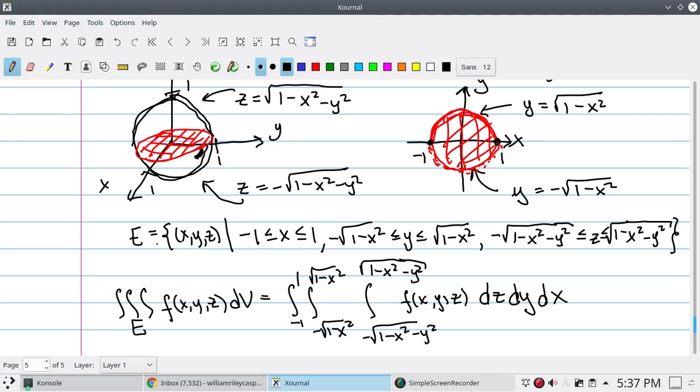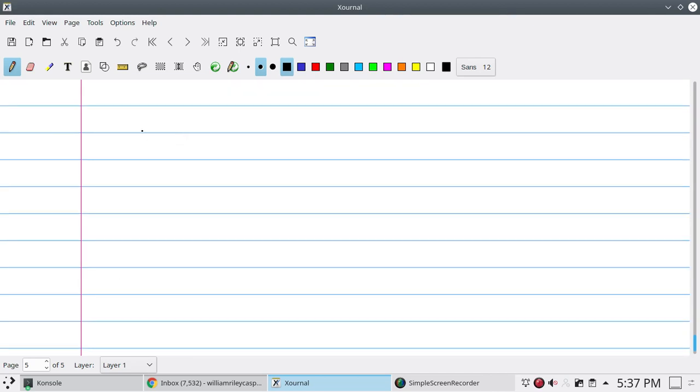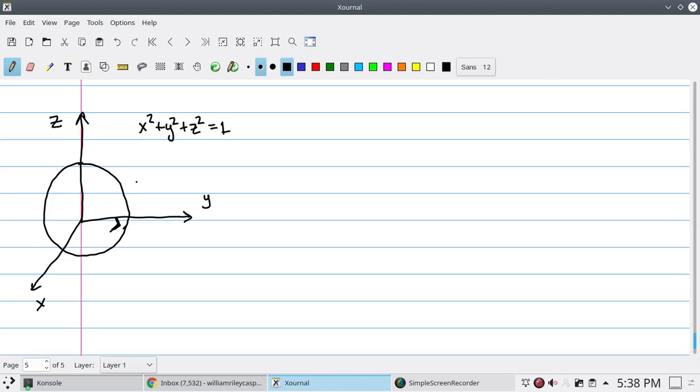Now I want to repeat the same procedure, but treating it as if it were case 2 or case 3. So let's start fresh, and let me pull up that picture of the sphere again. There's my sphere in 3 dimensions, given by x squared plus y squared plus z squared equals 1. Let's think about doing case 2. For case 2, I'm putting my light over here and letting it shine, and thinking about the shadow that's cast, which in this case is a shadow in the xz plane, this circle again of radius 1.